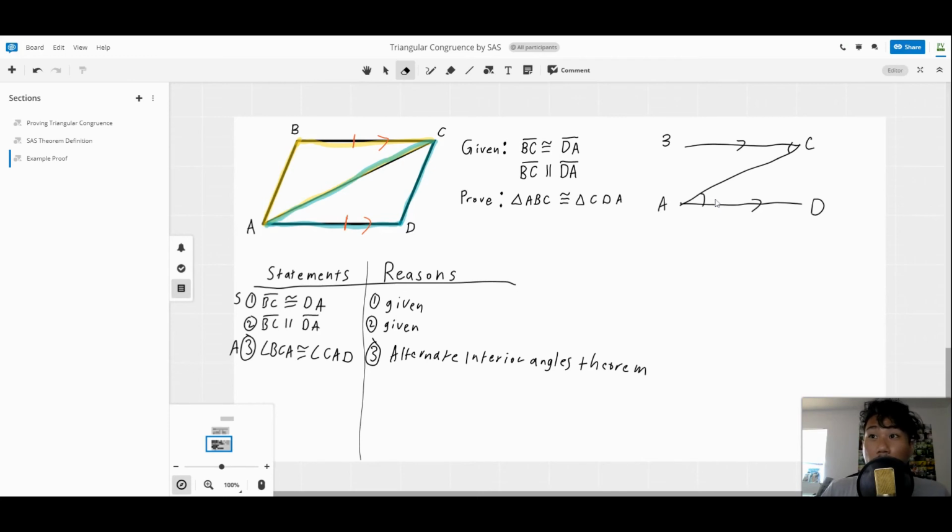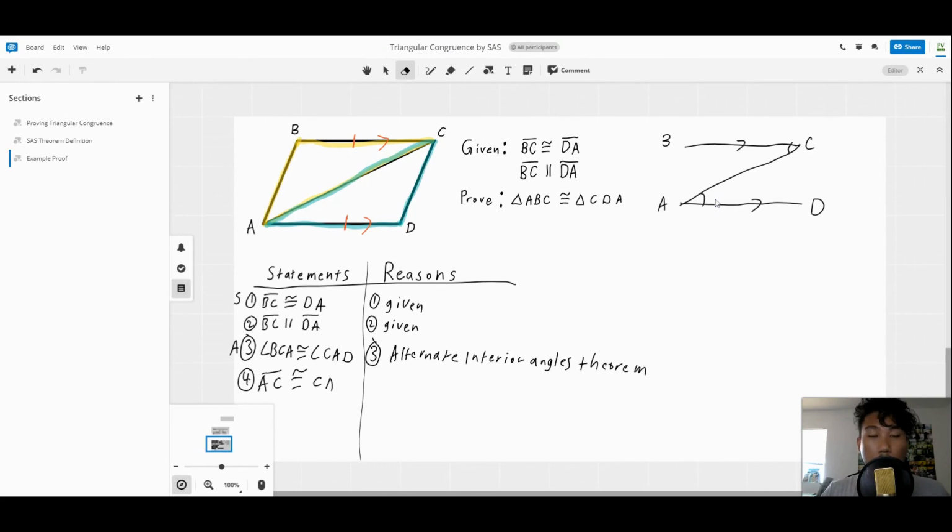So now that we have our S and our A, all we're missing is our final side. Now, if you notice from the shape that we are given, AC and CA are practically the same line, right? So both triangles share the same side. And through our reflexive property of congruence, we can say that side AC, so this would be our statement 4, side AC is congruent to side CA.